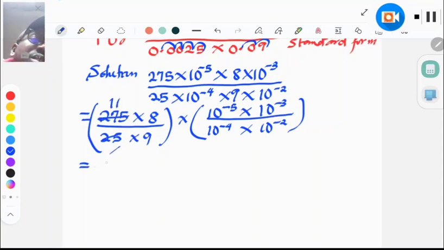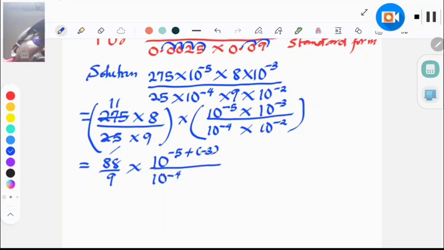That means this is 88 over 9 times 10 raised to the power of, now if you look at this, this is the same as negative 5 plus negative 3 over 10 raised to the power negative 4 plus negative 2.